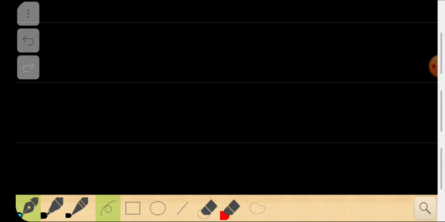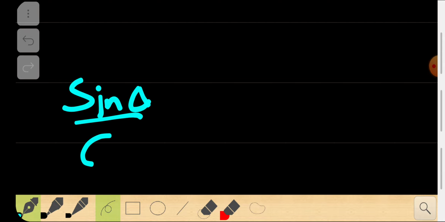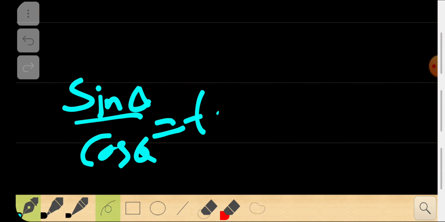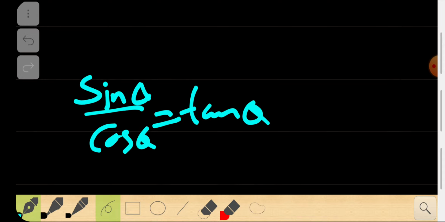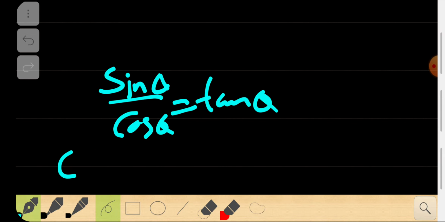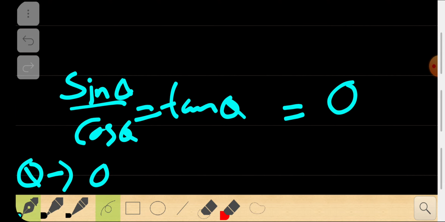So you can say sine theta by cos theta is equal to tan theta. For theta going to 0, sine theta is approximately equal to theta.